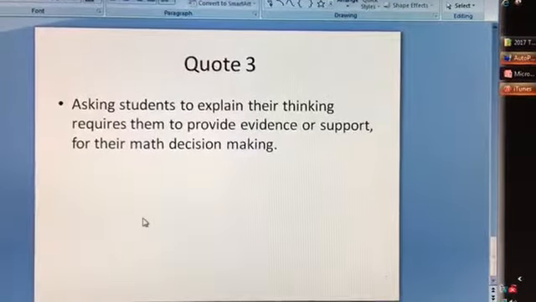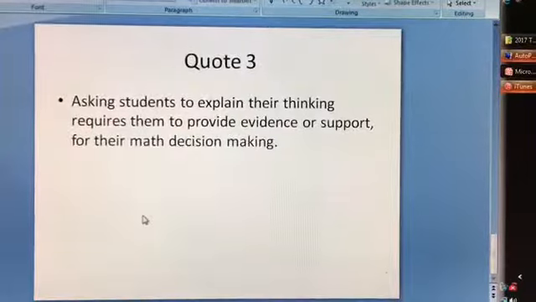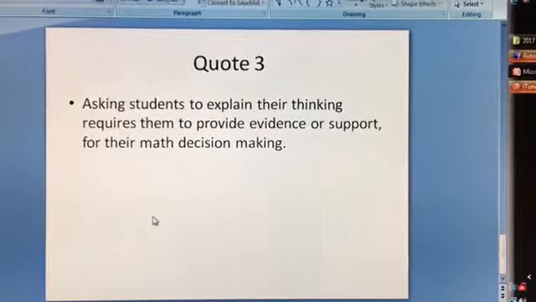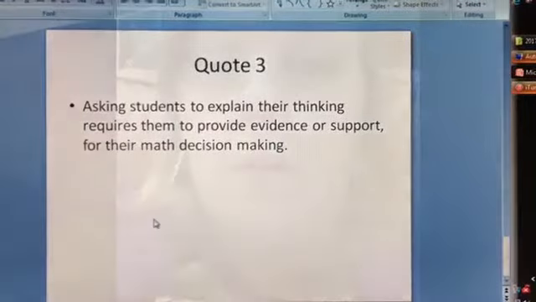Quote 3. Asking students to explain their thinking requires them to provide evidence or support for their math decision making. Reflection on quote 3.